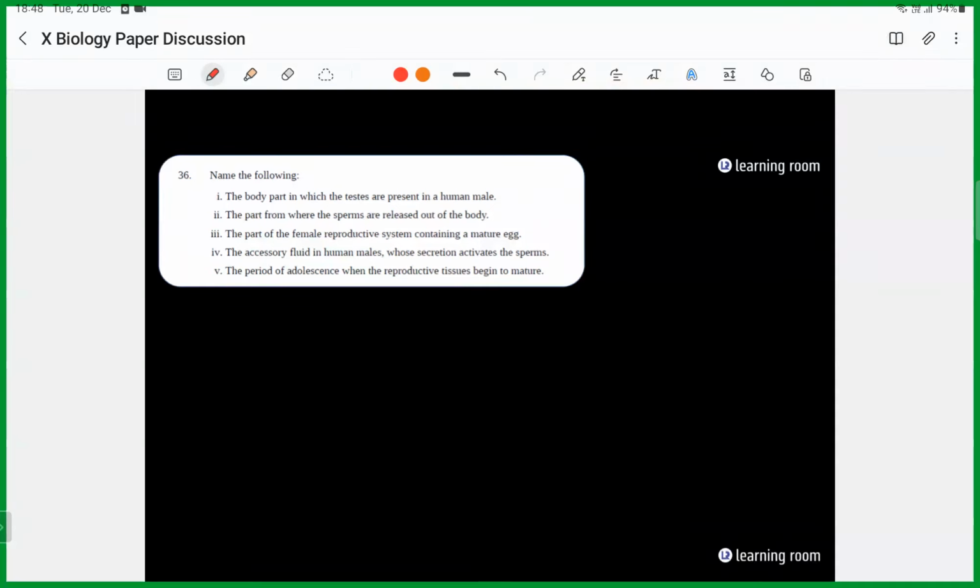Scrotum. Okay. Then next is penis, I guess, sir. The part of the body where the sperms are released out of the body. Penis, external genitalia. Okay.